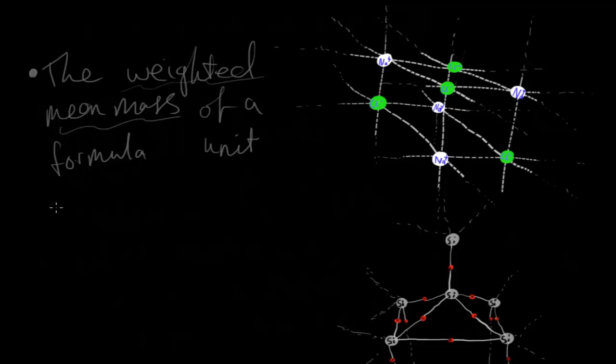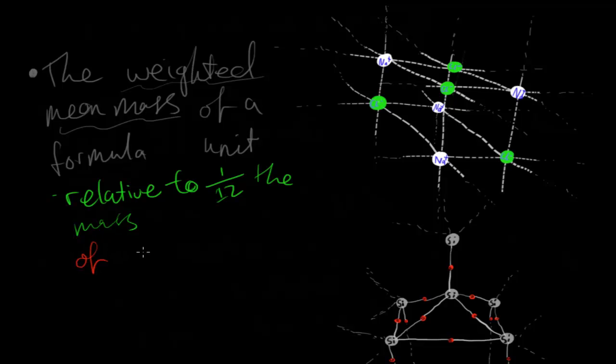Of a formula unit. Relative to 1/12 of the mass of an atom of carbon 12. Carbon 12 being a specific isotope of carbon, which can also be represented as C with a little 12 superscript up here. It just means the same thing.